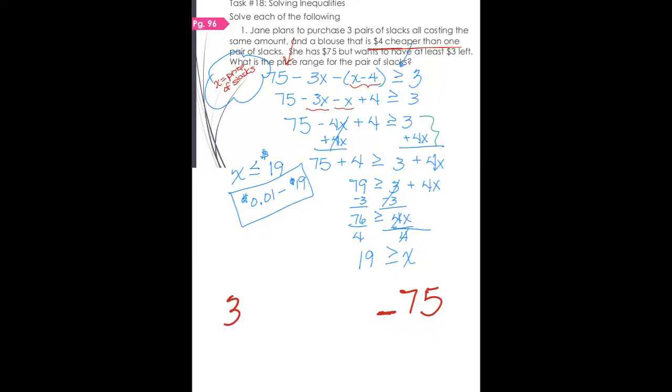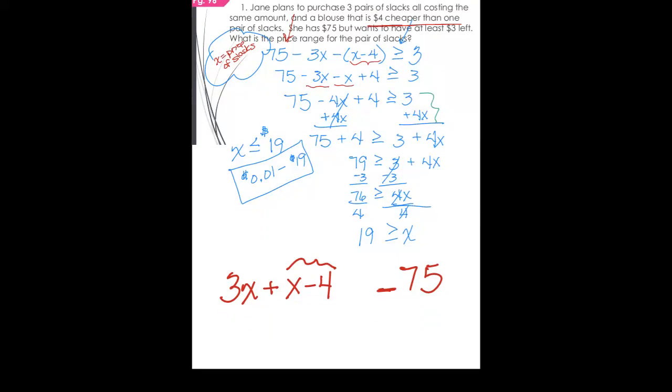So I would have said 3x plus x minus 4. This is your blouse. That was $4 cheaper. Plus 3 has to be less than or equal to 75. It can't be more than 75 because 75 is what she wants.